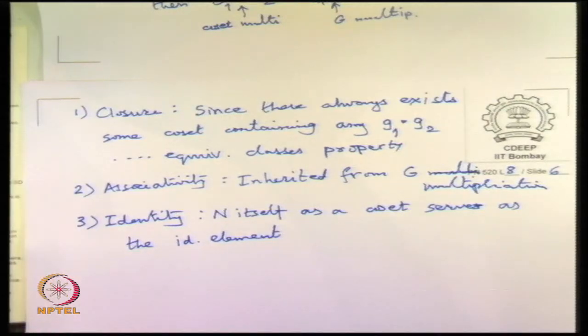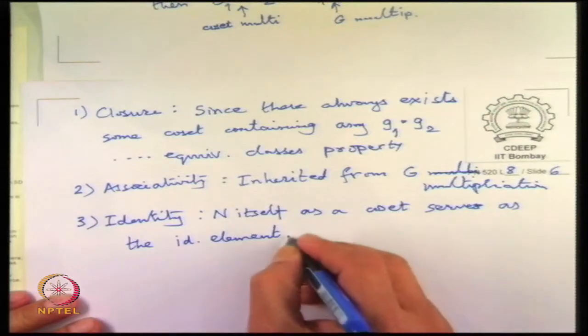Well, one simple argument is to check that N is the one equivalence class which contains the identity element. So anything you multiply by this particular coset, you pick from the representatives the identity all the time, you will get back the same old coset. But I think one can also check that.